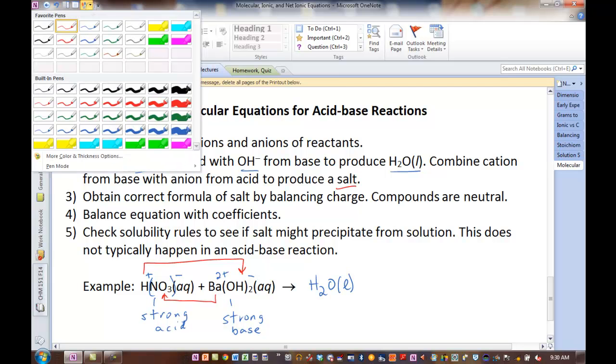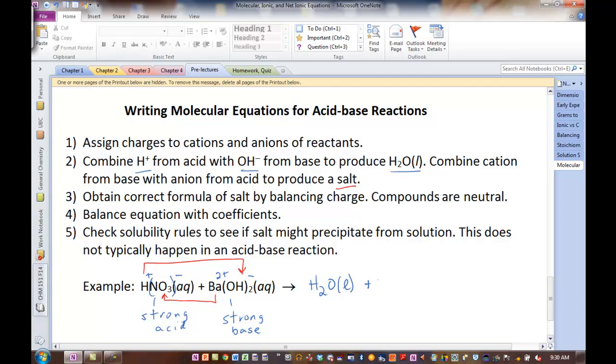Now, just like the precipitation, we do have to write the correct formula for our salt based on charge. So carry your charges over: barium 2+, nitrate -1. Remember that negative charge on nitrate applies to the whole grouping of those atoms.